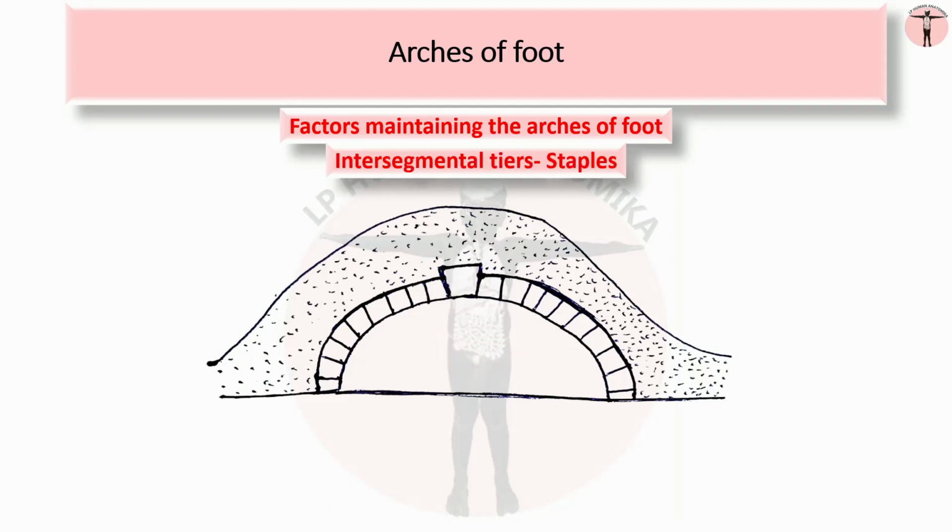Next important point in maintaining the bridge is the intersegmental ties. The inferior edges of the stones are tied together. This is done by interlocking the stones or binding their lower edges together with metal staples.